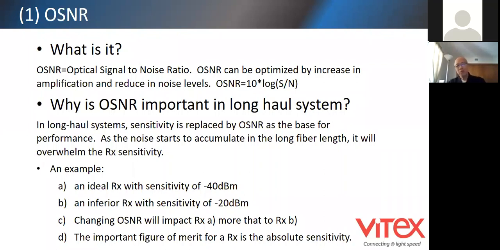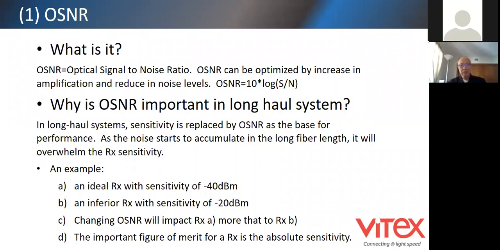So usually we talk about receiver sensitivity in a short link and also at low data rates. But in the long link, long haul system, especially when people use optical amplifiers like an EDFA, OSNR becomes the way to estimate the performance of the link.